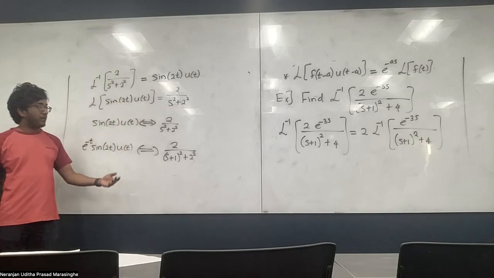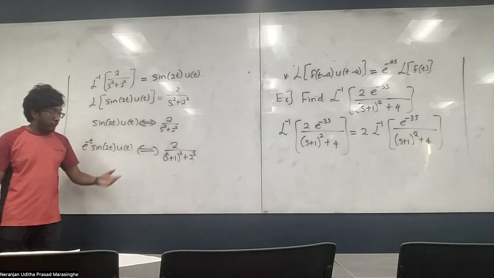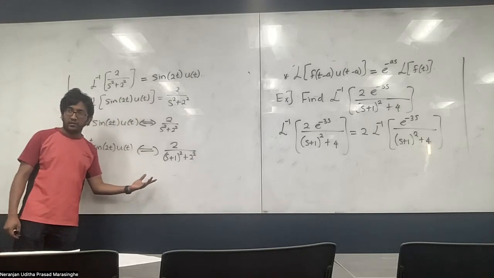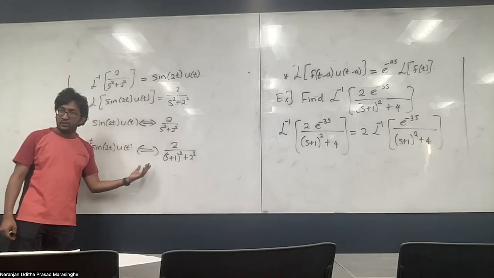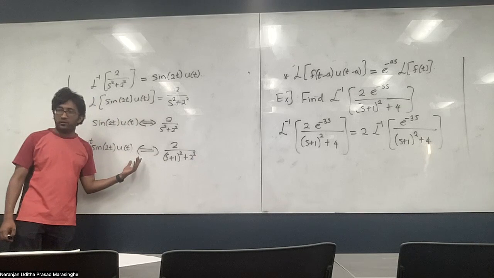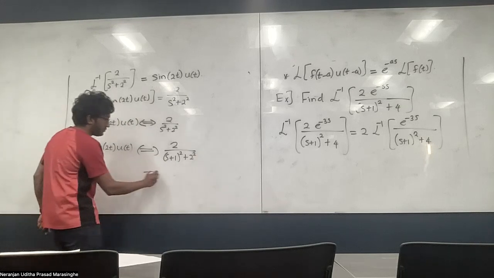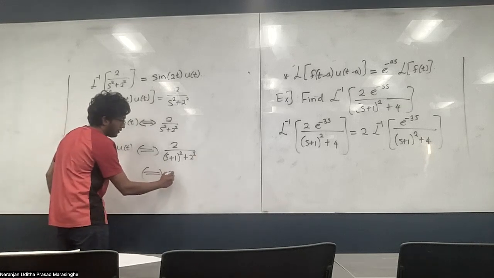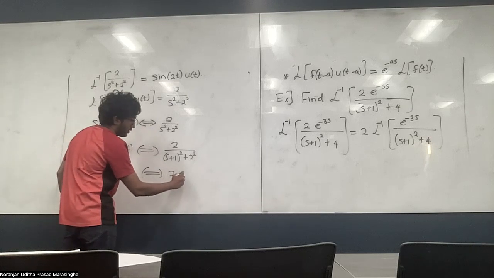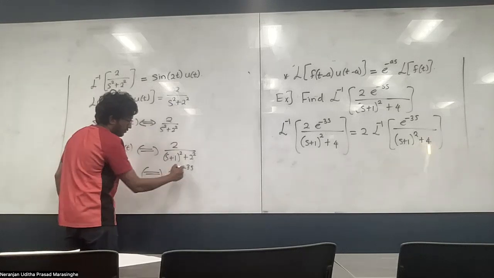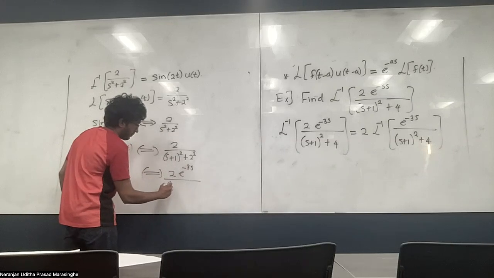So, what would happen if you do multiplication in Laplace domain? That would result in translation in time domain. Okay, right. So, now I am going to multiply this function by e to the minus 3s, yes?